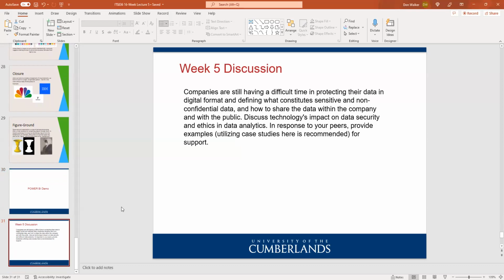So sensitive and not sensitive data, and how to share the data, who gets to see it internal to the company. So what are the rights and roles and protections and groups within the company, so that the guy sitting next to you can't see your salary. That only needs to be HR and your supervisor and whatnot.